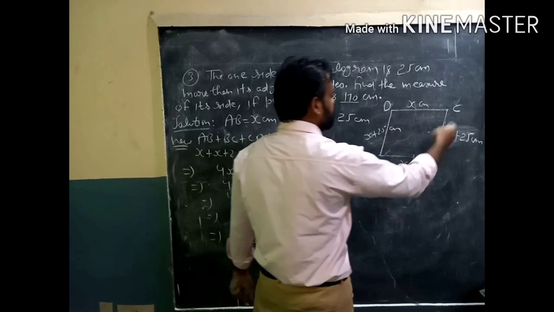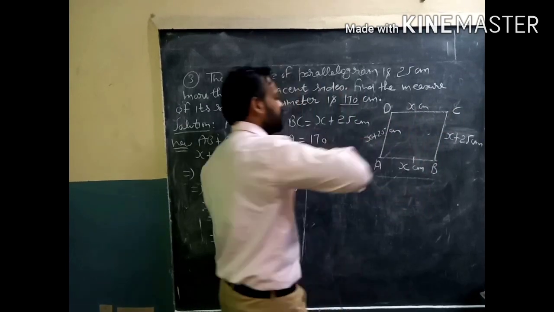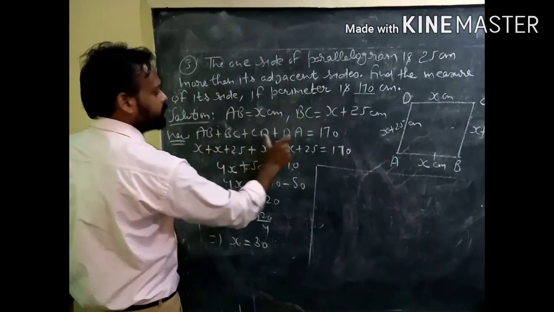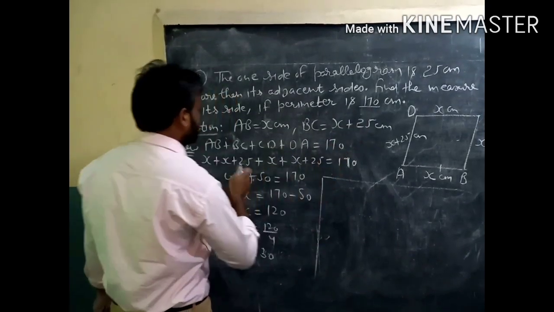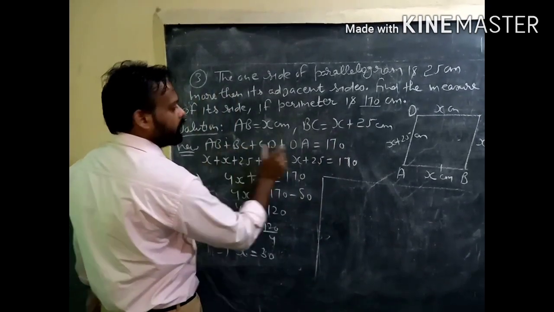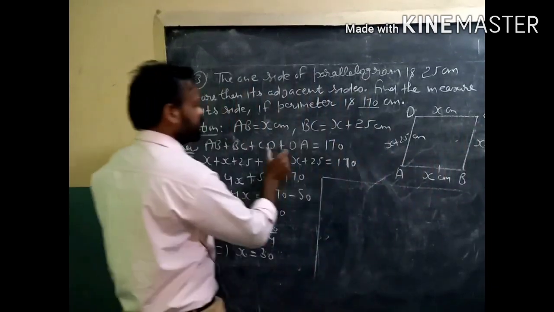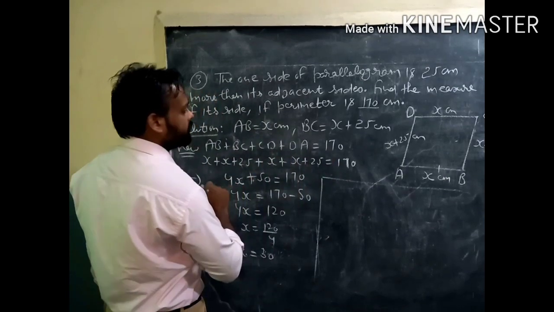Like this way the opposite sides are equal, so we can suppose DC and AD also. Now the sum of all the sides of the parallelogram is given, that is 170. So AB plus BC plus CD plus DA, the sum of all the sides, is 170.